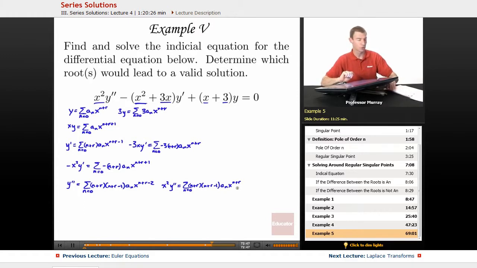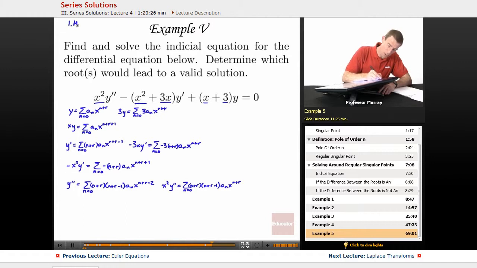So if we look at all these different series that we have to combine, remember there's a two-step procedure to combining series. The first step is to match exponents. So we want all of those series to be in terms of x to the n plus r. And the second step will be to match indices, starting indices.